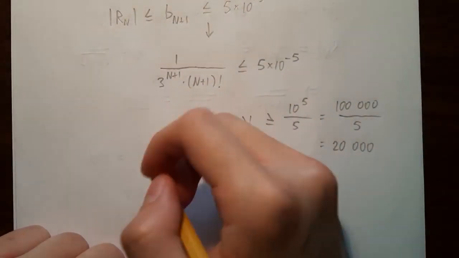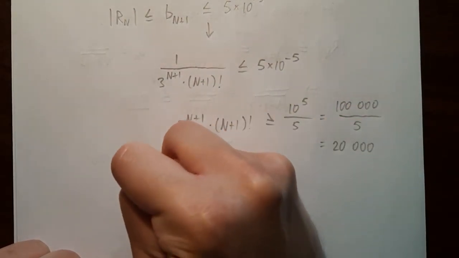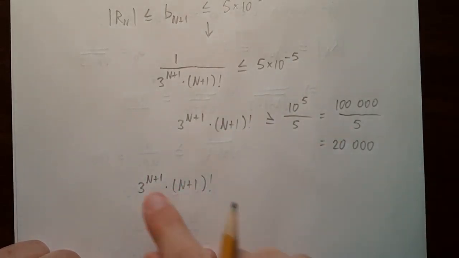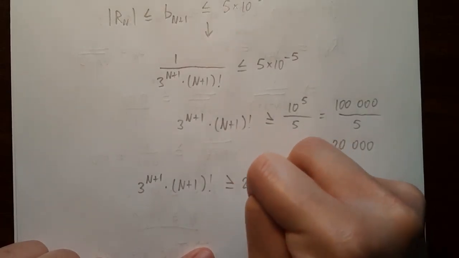Let me rewrite another line to make it clear what we've got so far: we have this, and we want that to be greater than or equal to 20,000.